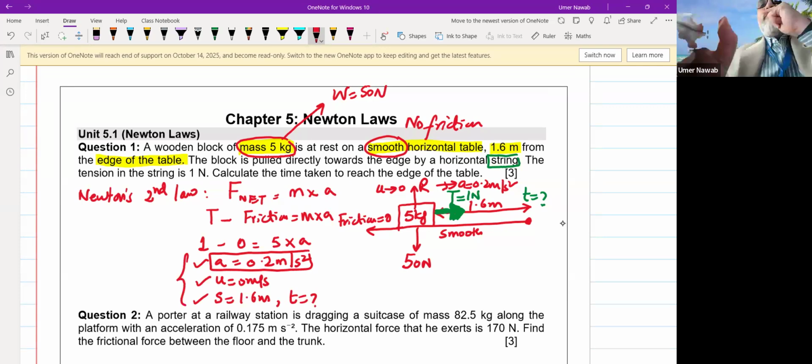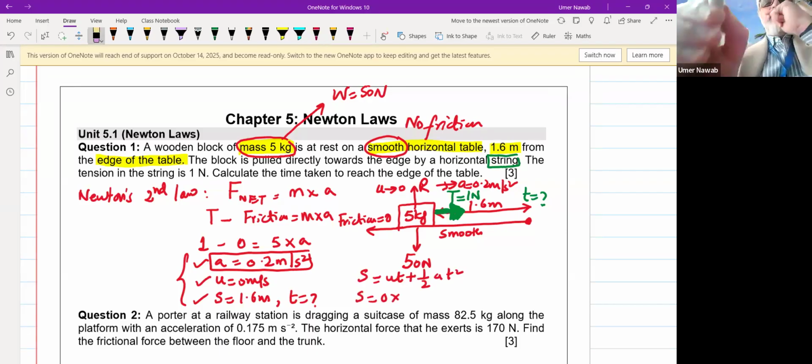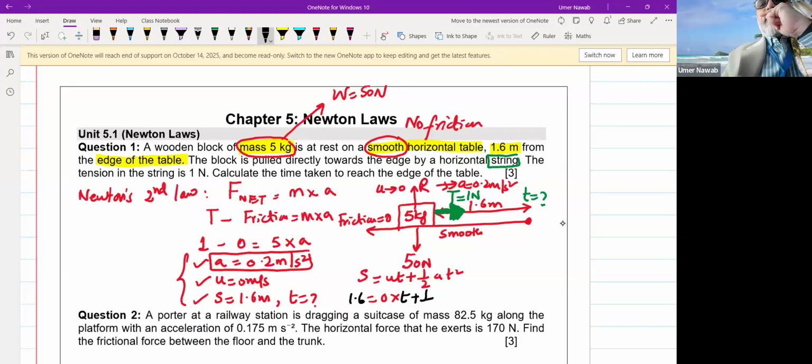So which equation of motion will be suitable for me? Obviously, guys, s equals ut plus half at squared. So s equals u, which is 0, times t, and s is given to me as 1.6, and t is needed to be found.